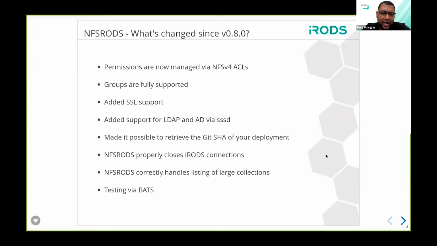We were also able to add SSL support, as well as alternative means of resolving user IDs and group IDs through SSSD. We also added a capability where you can fetch the build information for your deployment of NFSRODS. This doesn't require that you stop the container if you're already running it.